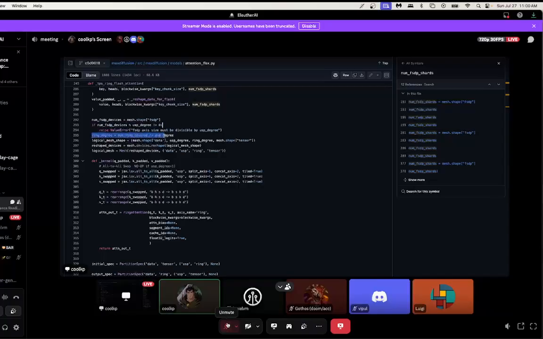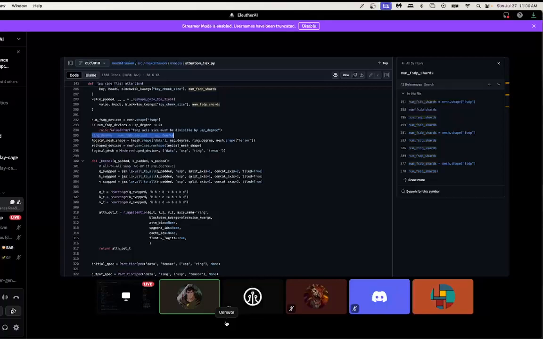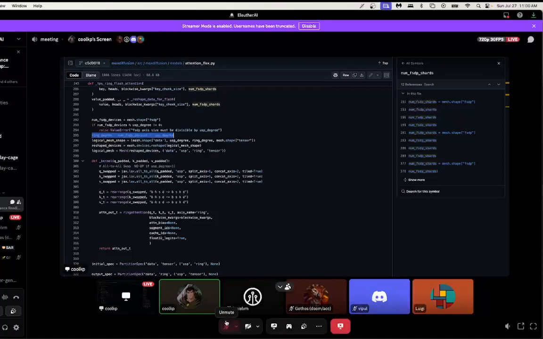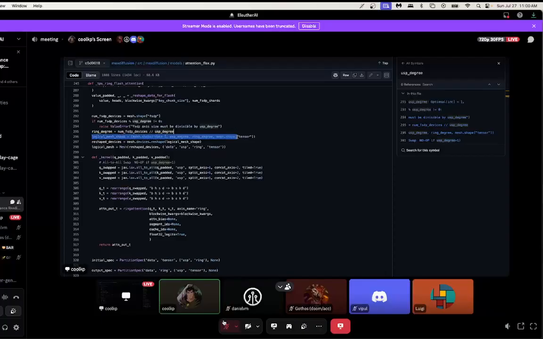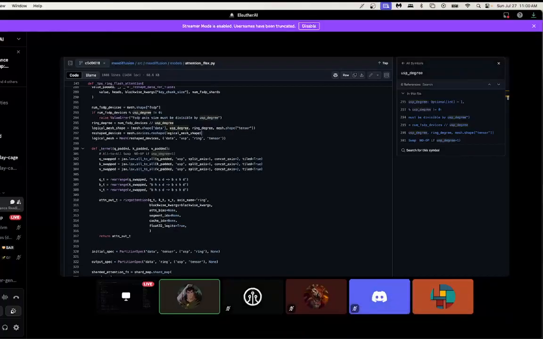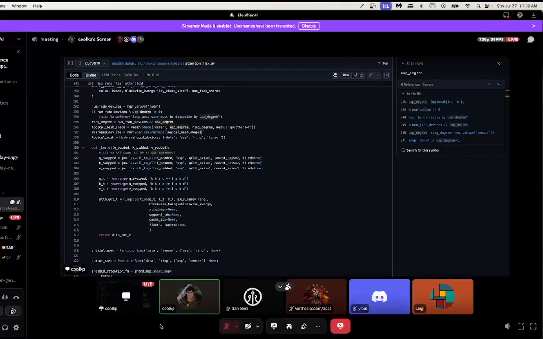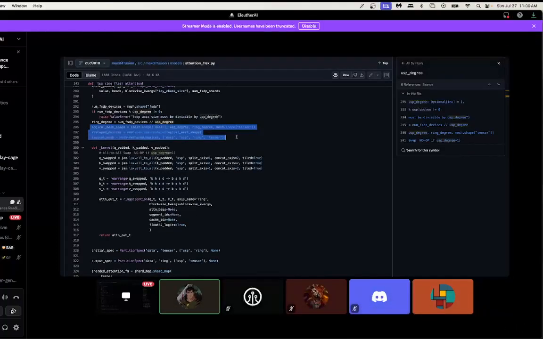Then you derive the ring degree from the USP degree, recreate a new 2D mesh, and reshape your mesh to that new mesh. Basically, these three lines in Jax do that.